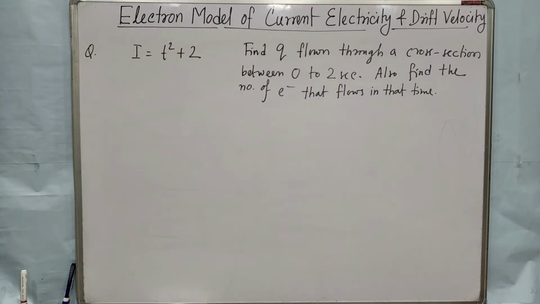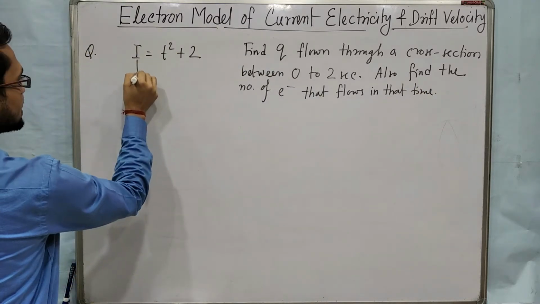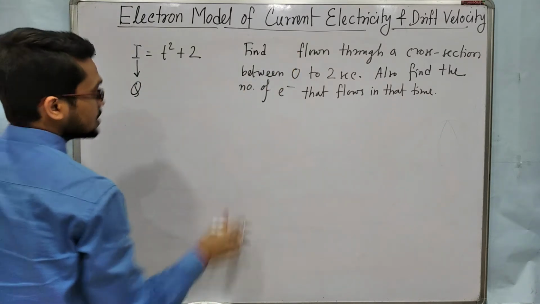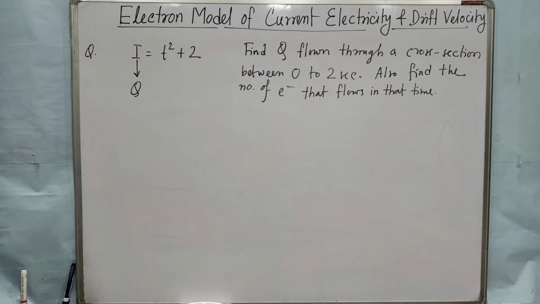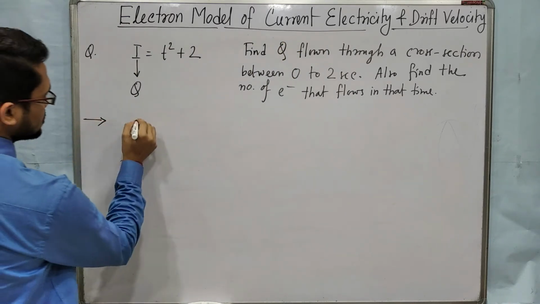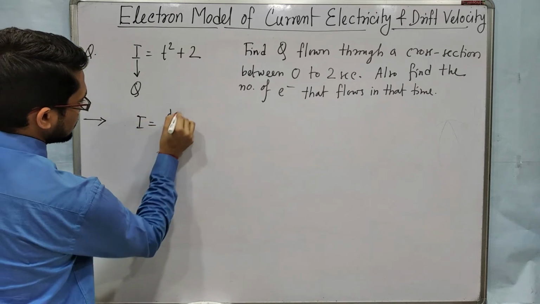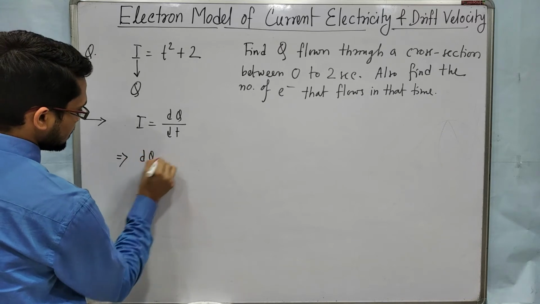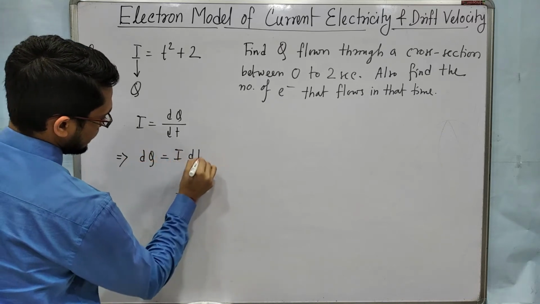Okay, so now we will go from current to charge, capital Q. Current to charge means integration. We know I equal to dq/dt, so dq equal to I dt.